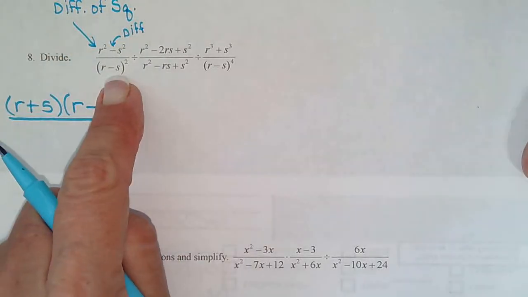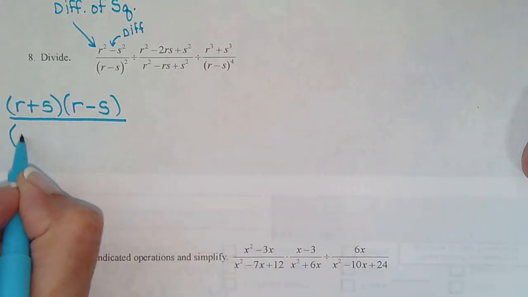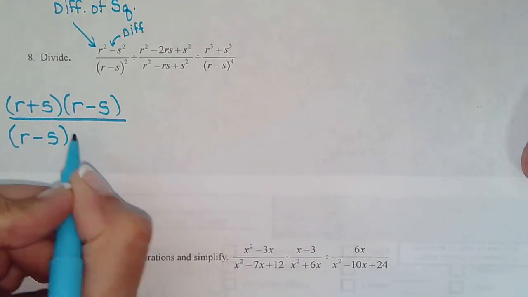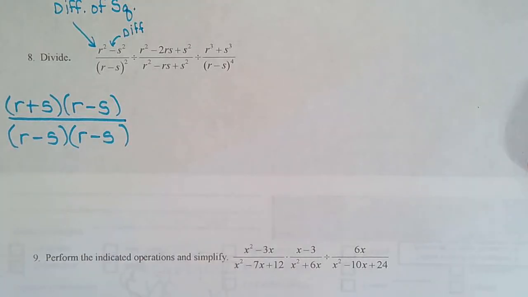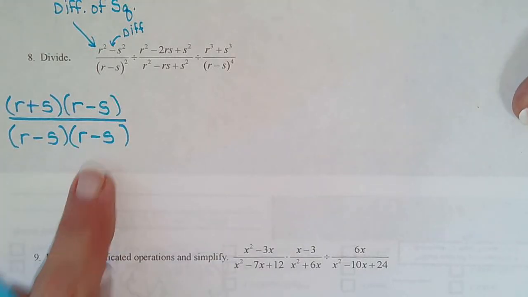And then this, there's no factoring, but you can expand it into r minus s times r minus s. That's what something squared means. Just like when it's r squared, we write r times r. So when it's r minus s squared, we write r minus s times r minus s.